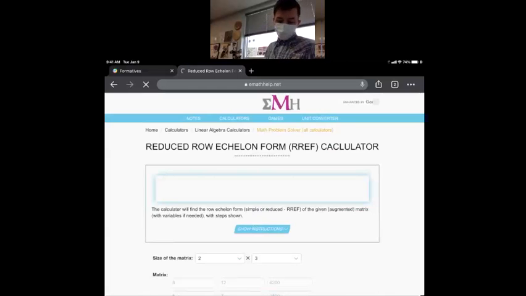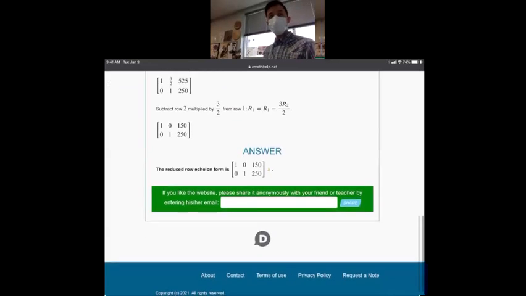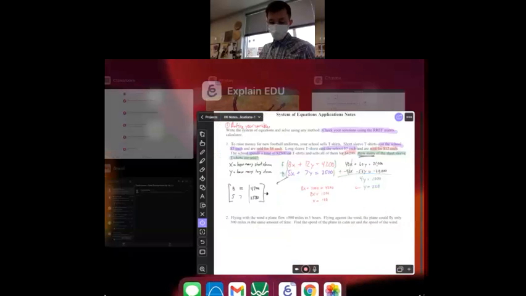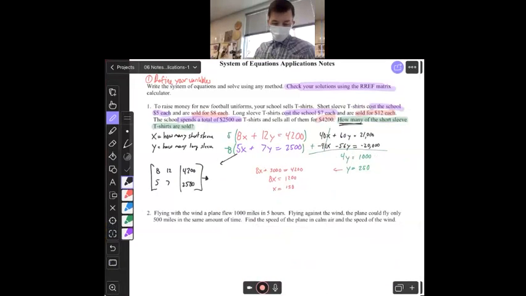And then we see our 150 and our 250, right, that we said. So 1, 0, 150, 0, 1, 250. Looks good to me. 1, 0, 150, 0, 1, 250. Which checks with what we had.